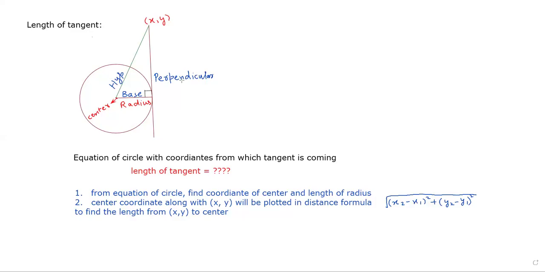So what I'm going to do over here is plot the length from step 2, along with the radius, in the Pythagoras theorem.